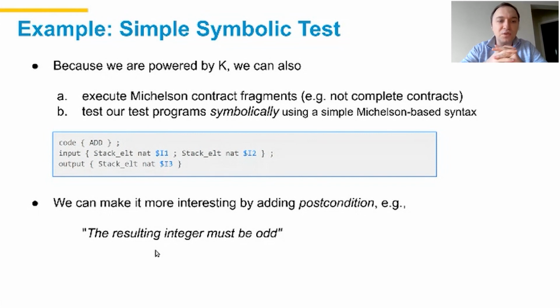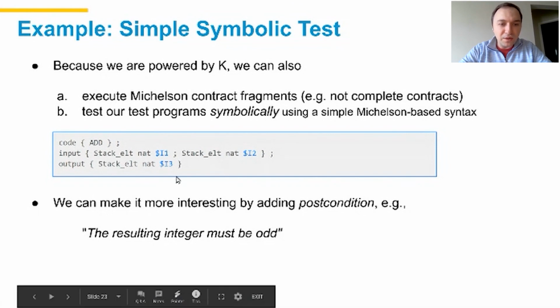That means we can execute fragments of contracts that aren't actually complete contracts. Here it's just an add instruction. And we can also test our program symbolically. So here, we have replaced our input and output stack literals with variables. We have these three variables, I1, I2, and I3.